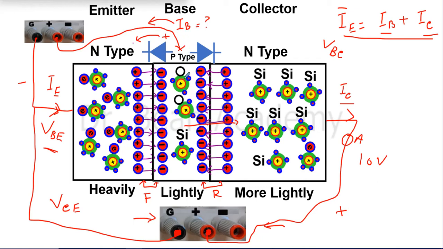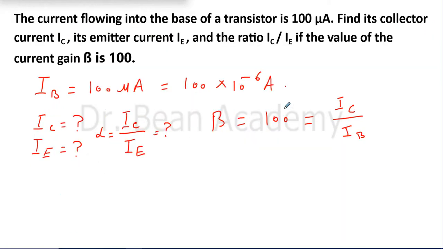One goes to the base and the other goes to the collector, and it depends on the operation, and there are many conditions. So emitter current equals base plus collector current. This equation will also help us to find some quantities. So we know that emitter current equals the sum of base current and collector current.